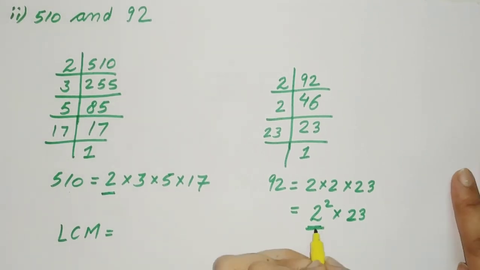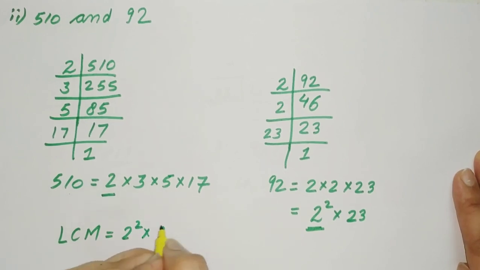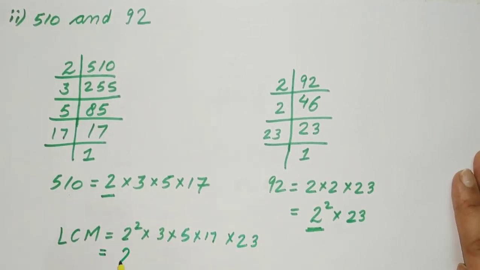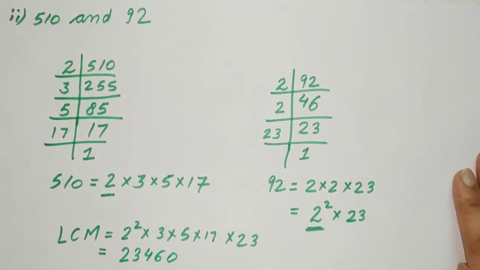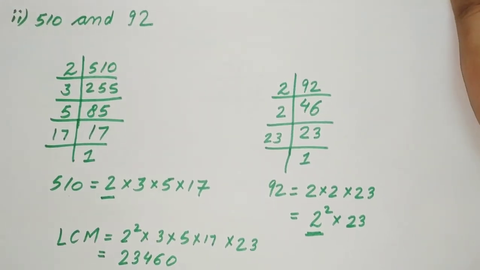So we'll select 2 square, multiply 3, multiply 5, multiply 17, multiply 23, which is equal to 23,460. Try to do it on your own and verify whether multiplying all these numbers we get 23,460 or not. Maybe I'm wrong, so try to figure it out.